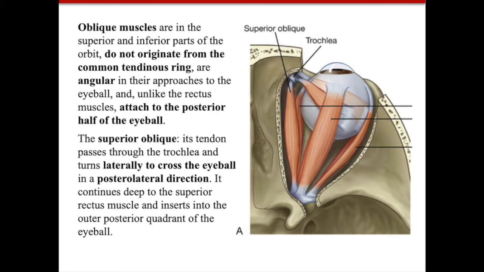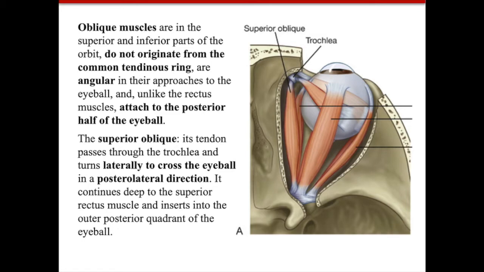If you remember that the superior oblique tendon crosses the trochlea, it projects to the eye, attached to the eye laterally. The movements of the superior oblique and the inferior oblique are not very straightforward, but I'll explain those movements to you in a little bit.